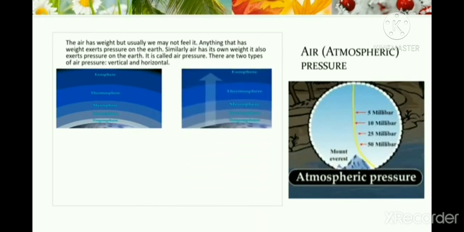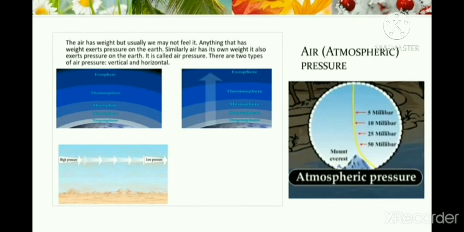It goes on decreasing with increasing height, and this is known as vertical air pressure. With the increasing height, the pressure also decreases. Similarly, the difference in temperature also creates changes in air pressure, and now this changes in the horizontal direction.